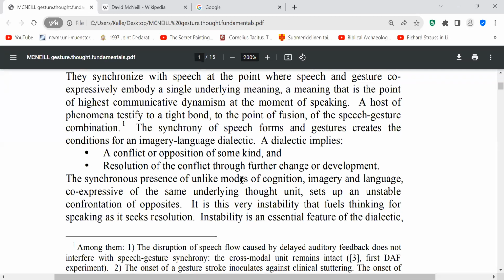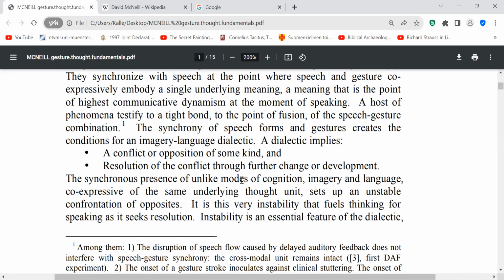The synchrony of speech forms and gestures creates the conditions for an imagery-language dialectic.